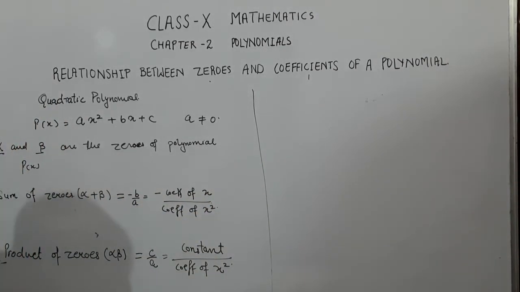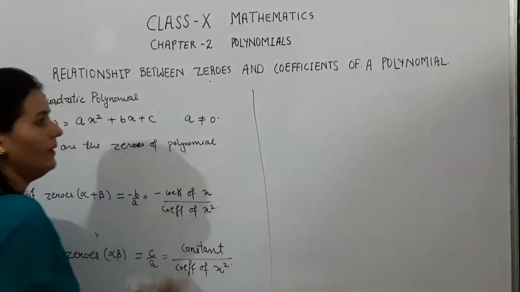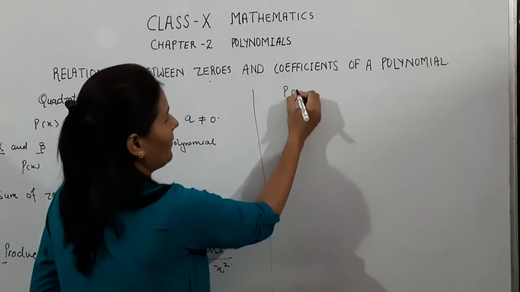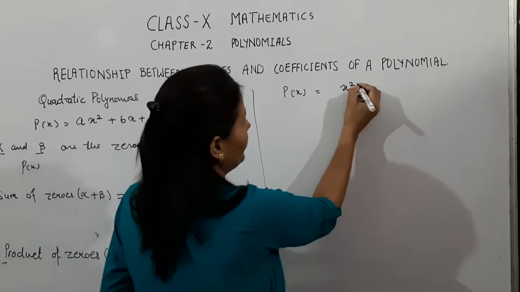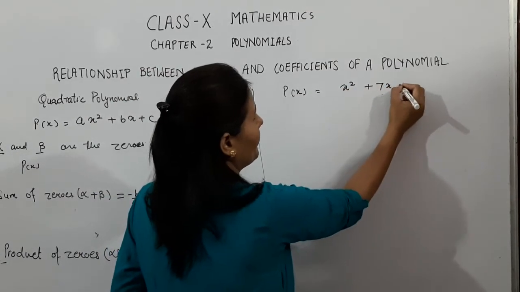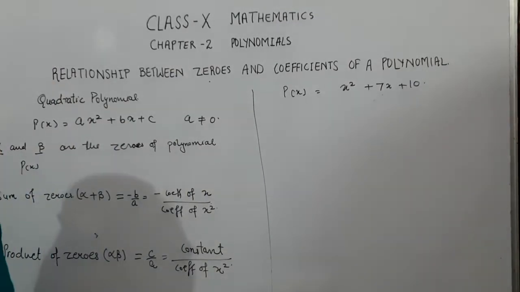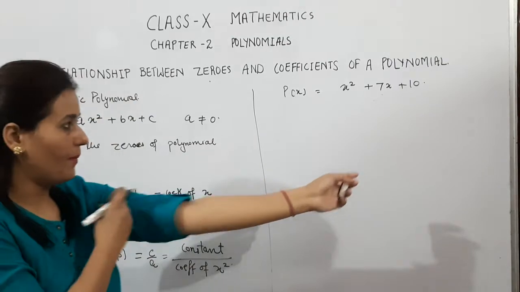So let me take a quadratic; we will discuss along with the question. First, I am taking p(x) = x² + 7x + 10, a quadratic polynomial.